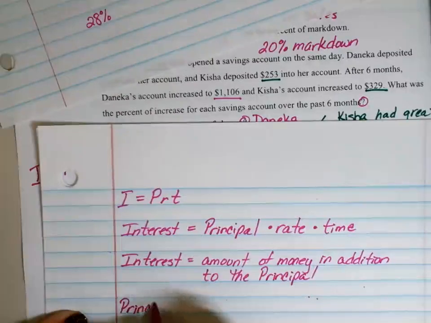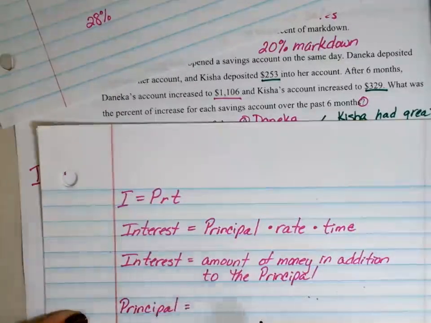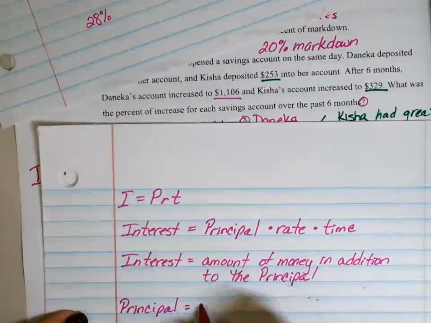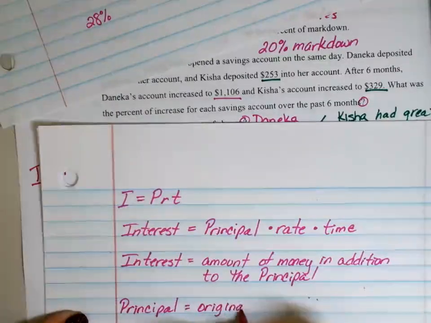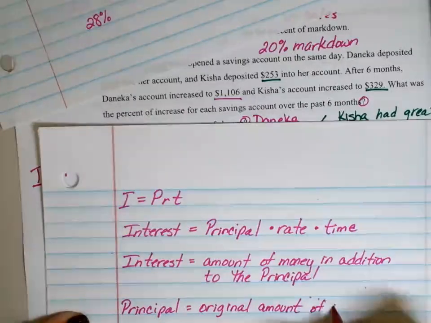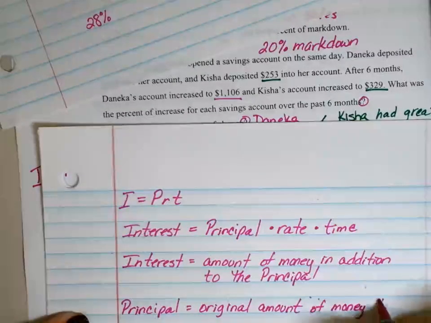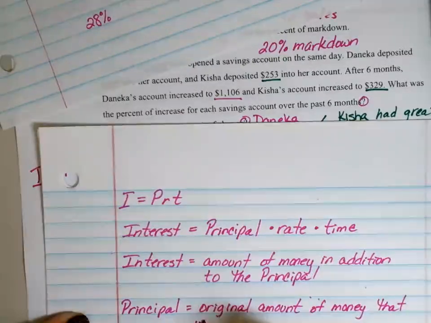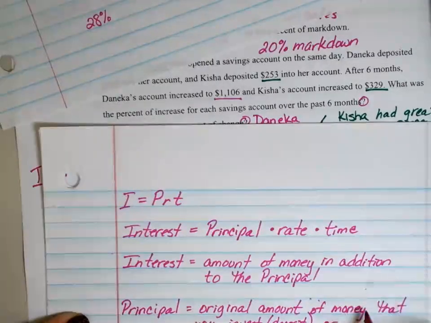Principal, and I'm not talking about Miss Johnson. Your principal is the original amount. It's the original amount of money that you invest or deposit or borrow, which would be a loan or credit.